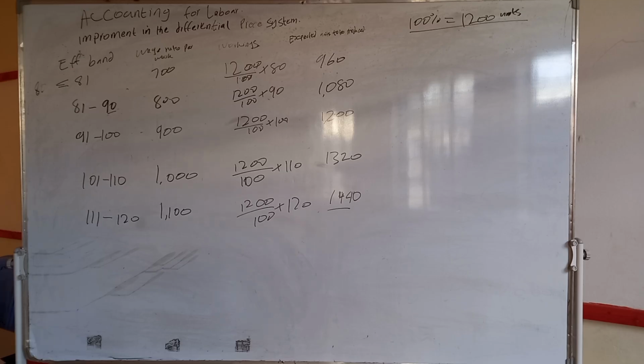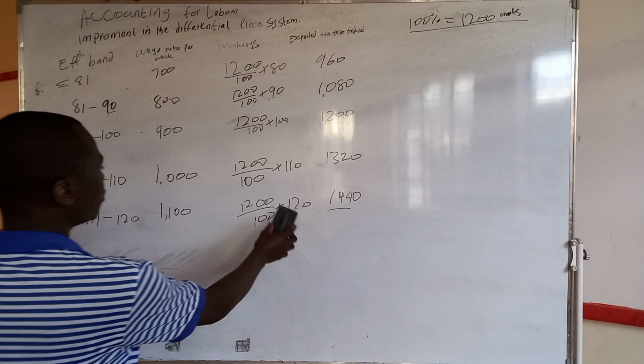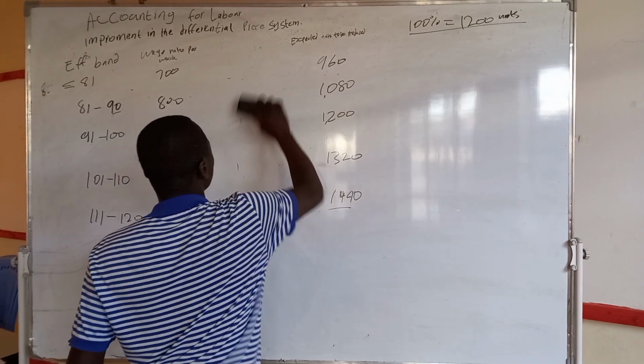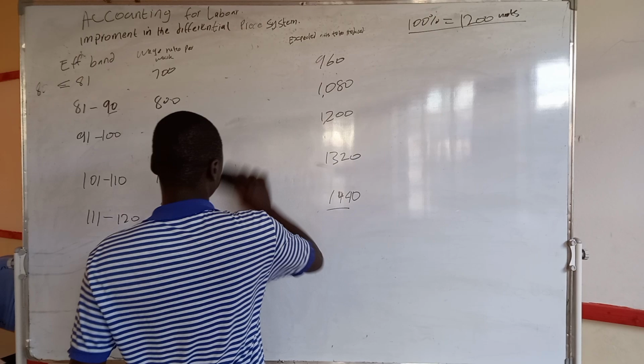And this stage is now where we are going to find out what each worker is going to earn. So I'm going to wrap this part so that I can create a space.